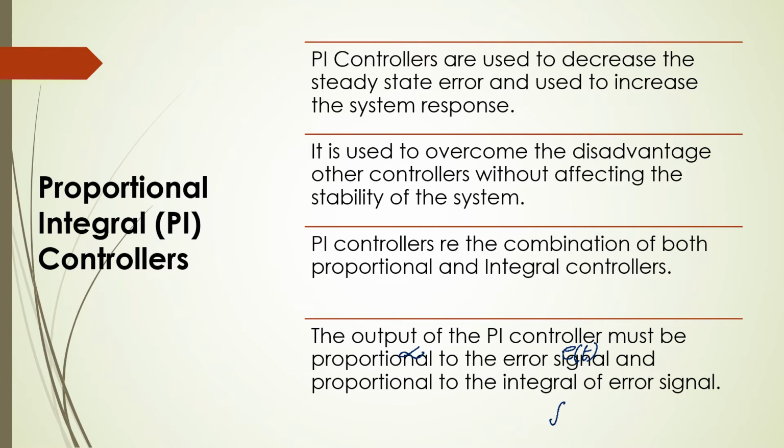That is represented by the integration symbol along with the error signal. So I will come again. The output of the PI controller must be proportional, remember the symbol proportional, to what? To the error signal. The error signal is represented as E of t, and proportional to the integral of the error signal. The integral of the error signal is represented by the integral symbol along with the error signal E of t.